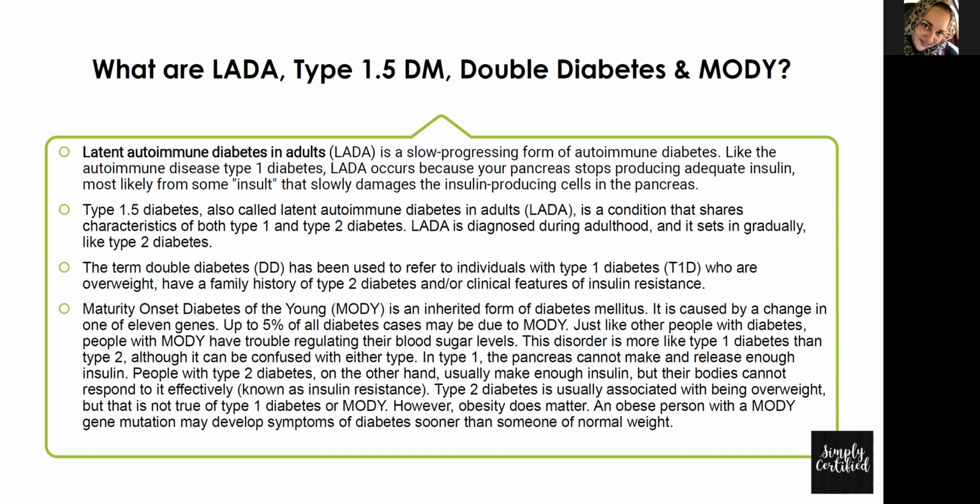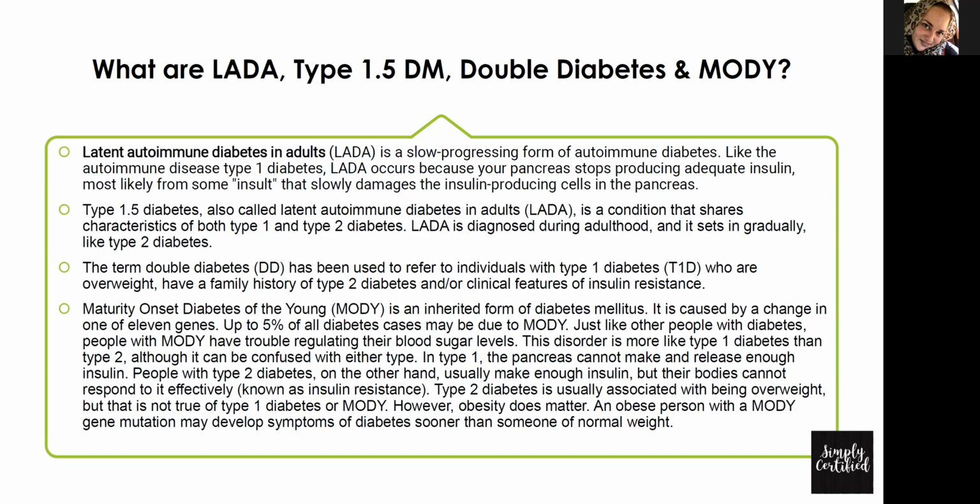As you guys can see, all of the types of diabetes pretty much share a lot of features, even some overlap areas where things are different, but they're shared. Just like everybody else with diabetes, MODY patients have a lot of trouble regulating their blood sugar.